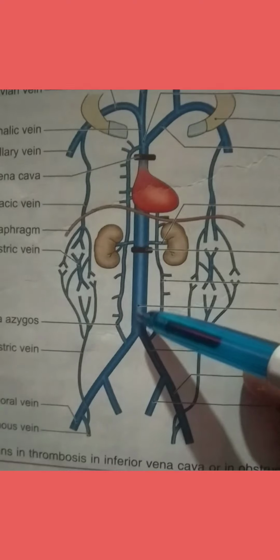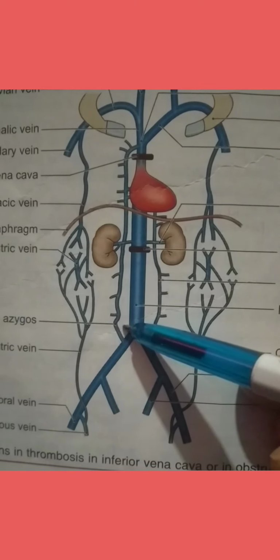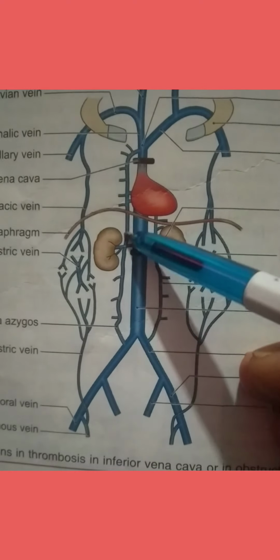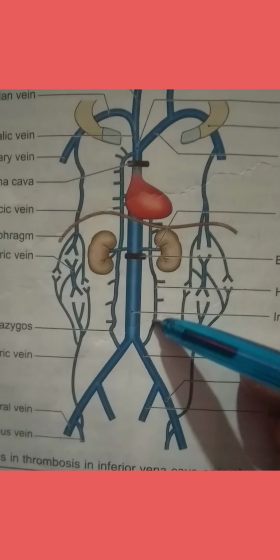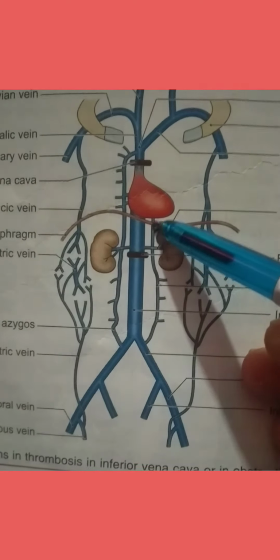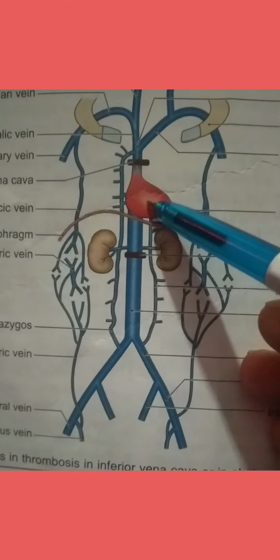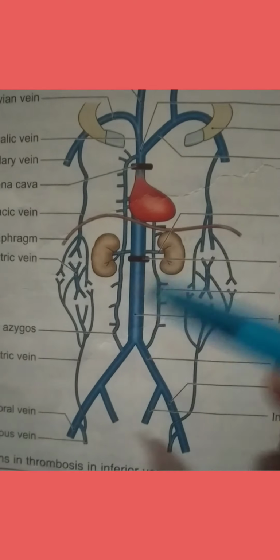On the right side the ascending lumbar vein forms the azygous vein, and on the left side it forms the hemiazygous vein on joining the subcostal veins.